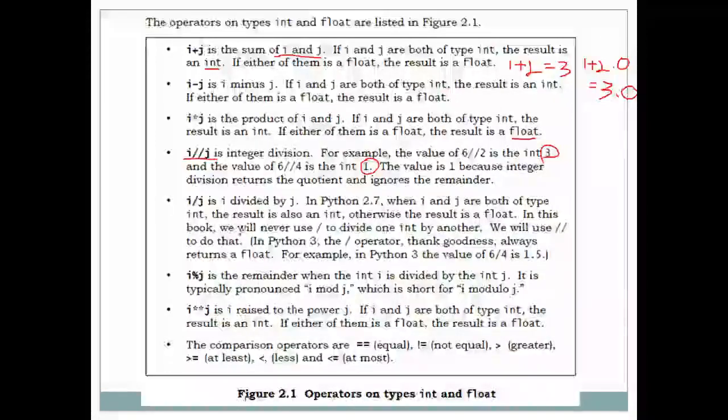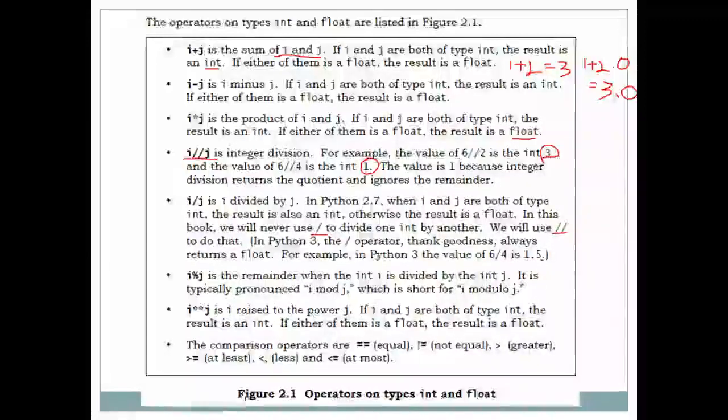In this book we will never use a single forward slash to divide one int by another. We will be using double forward slashes. In Python 3, the operator forward slash always returns a float. For example, 6 divided by 4 is 1.5.